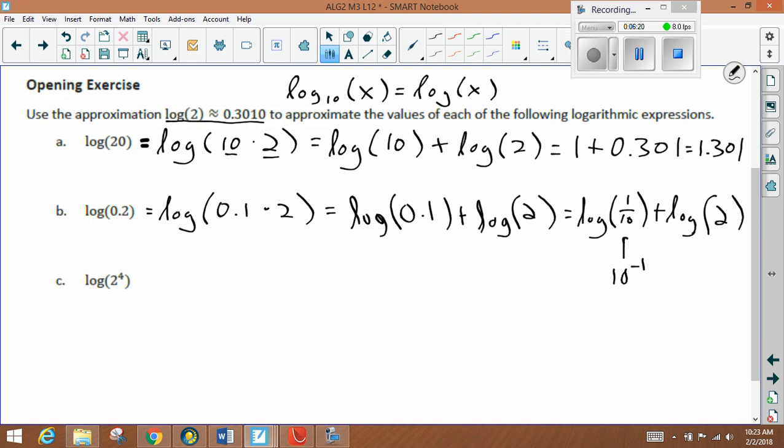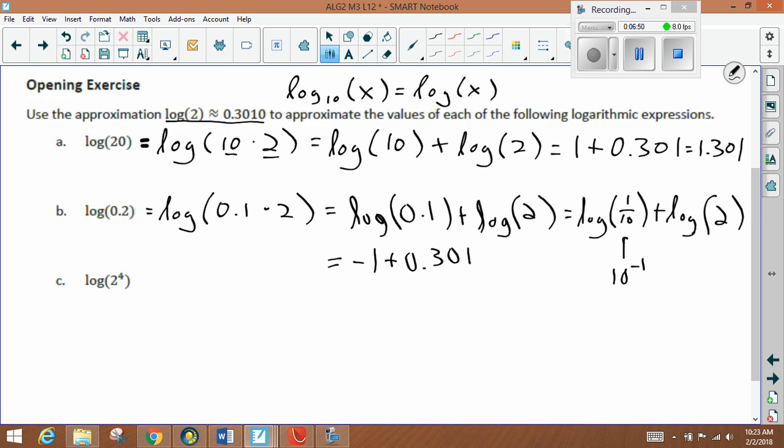So then I can rewrite this as -1 plus log base 10 of 2, which was given in the original problem as 0.301.